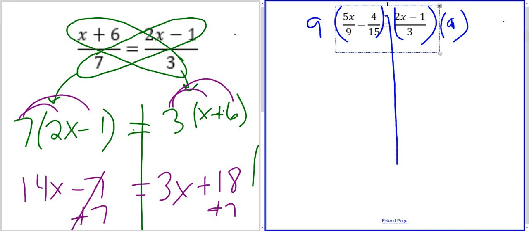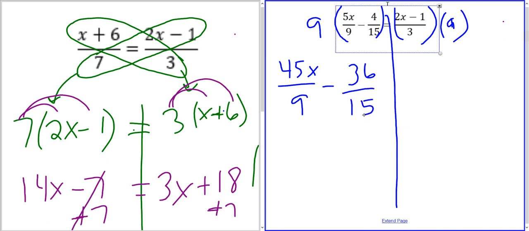So what you get, 9 times 5 is 45x over 9 plus, or no, minus 9 times 4 is 36 over 15 equals, and this is a 9 times 2x minus 1 all divided by 3.